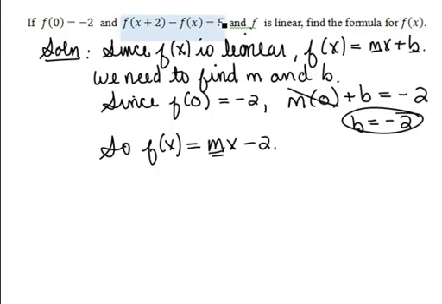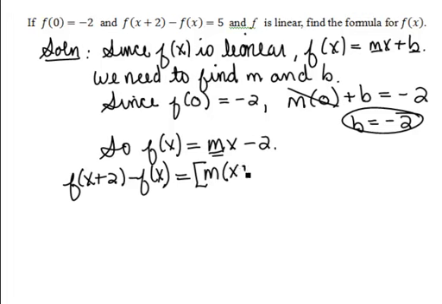So let's use this other piece of information. f of x plus 2 minus f of x. Well, using this formula that we have so far, f of x plus 2 is m times the quantity x plus 2 minus 2, minus f of x, which is mx minus 2.